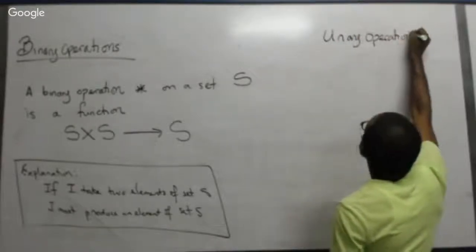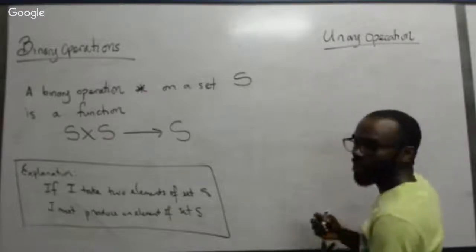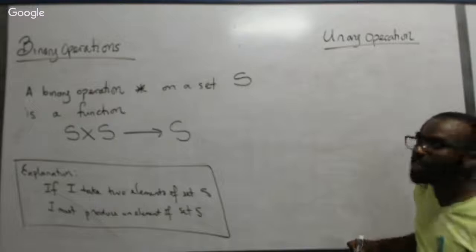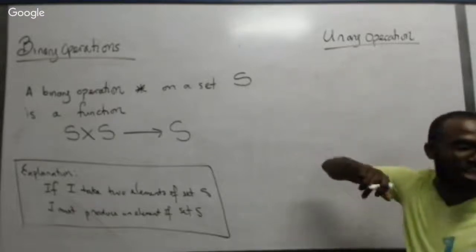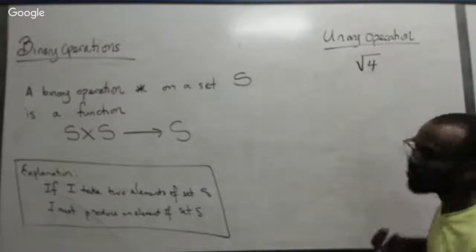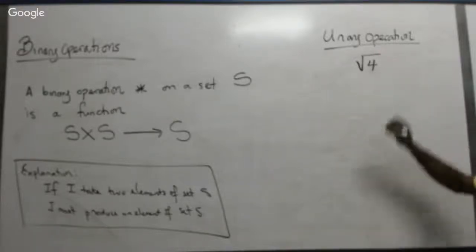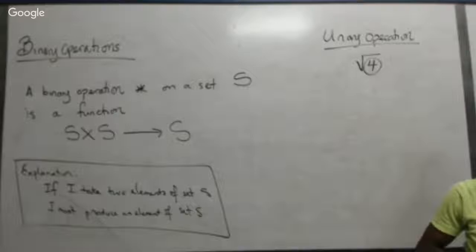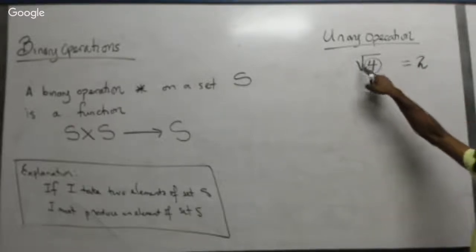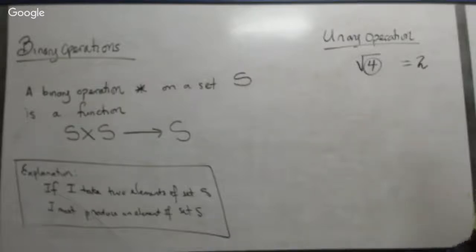Mr. Cape doesn't care about unary operations, by the way. So what operation can operate on one single element? Well, things like root 4. It operates on a single number. It's simple to say what number multiplied by itself gives 4. You get plus or minus 2, right?